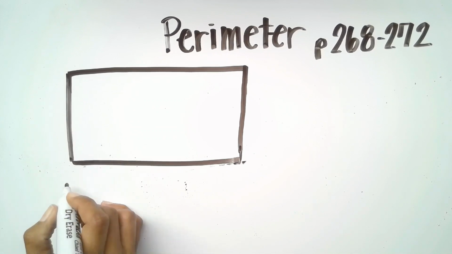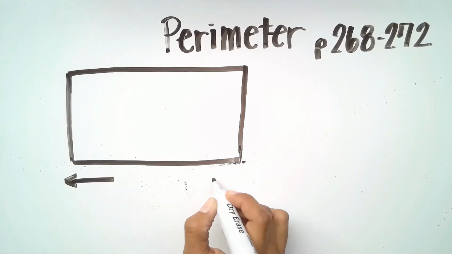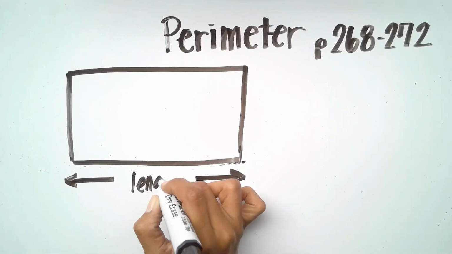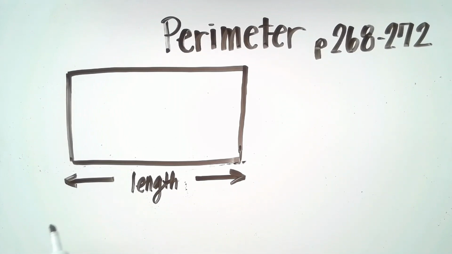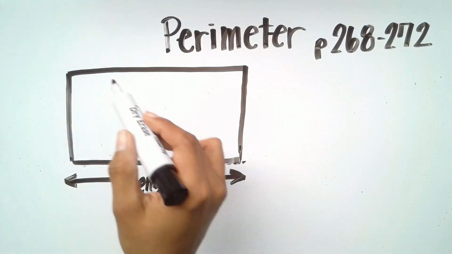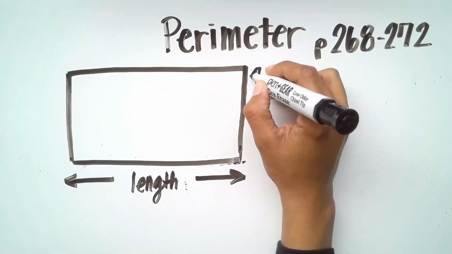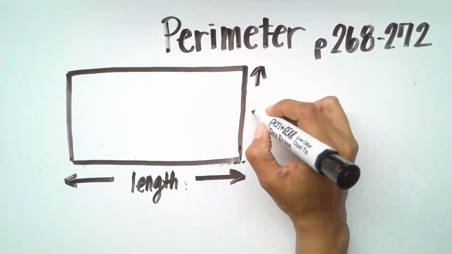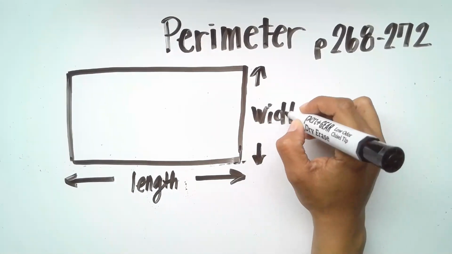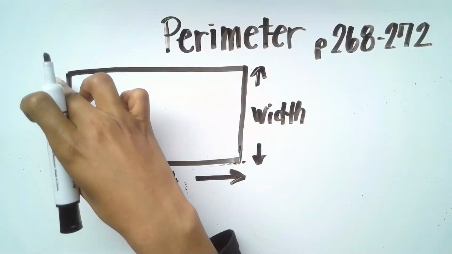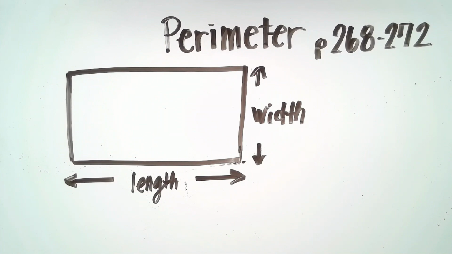And when we talk about how long something is, or the length, that would mean this side of your shape. So it's either this side or this side when we talk about the length. And when we talk about width, we're talking about the opposite sides. This is how wide something is. And then we're also talking about that side over here.